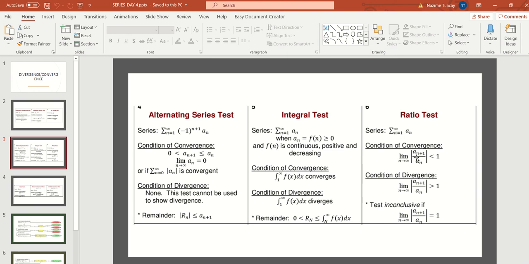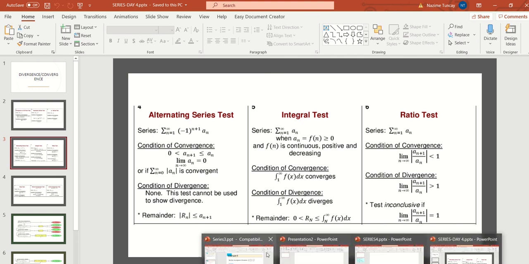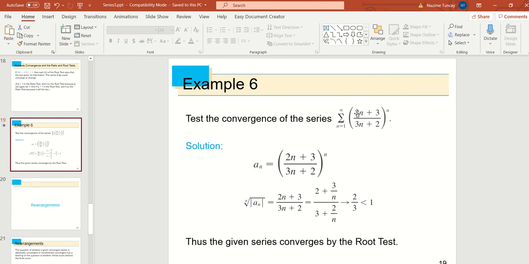So let us look at whether the limit is smaller than 1 or bigger than 1. In this question, let us look at this equation over here. This term is a_n. Here the root test is applied, so we can do that also.